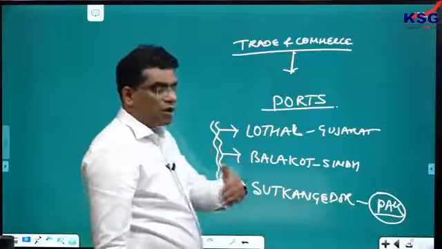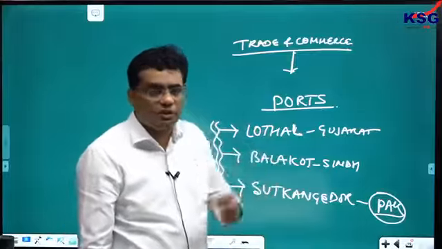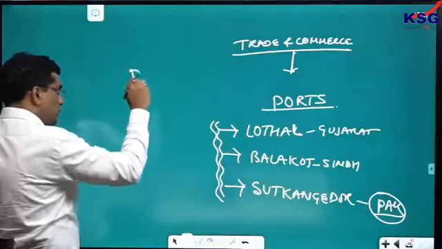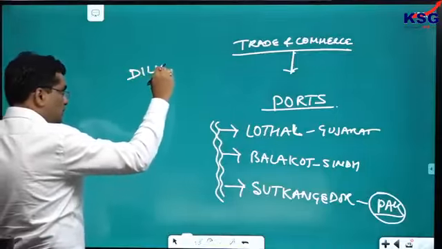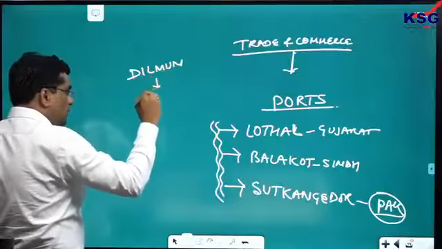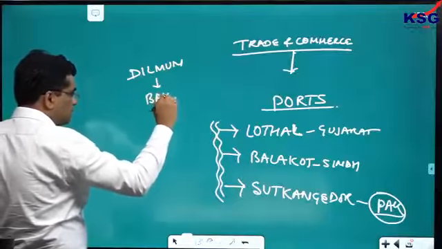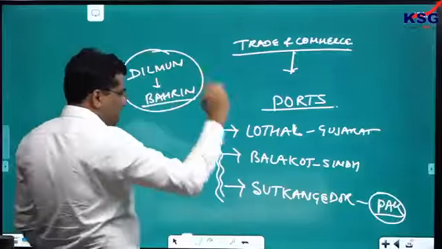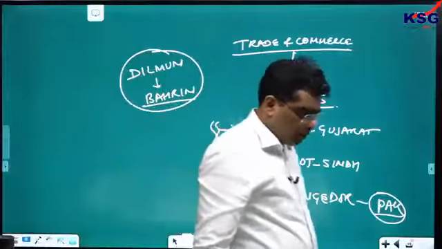When going from Harappa to Mesopotamia, there was an intermediate port called Dilmun. Bahrain was called Dilmun.